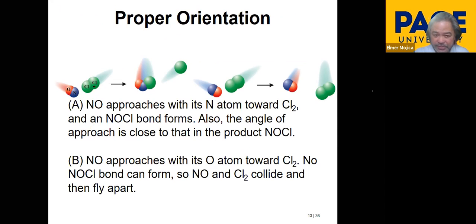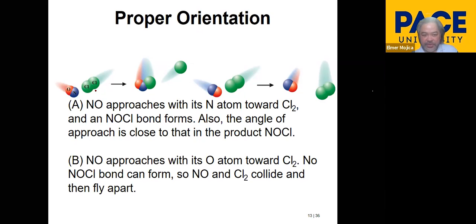Because if it's the oxygen, just like this one, what will happen? They just collide, but their collision is not effective. When I say not effective, whatever they are before the collision, they're still the same after collision. For the collision to be effective, whatever they are before collision is different after collision.